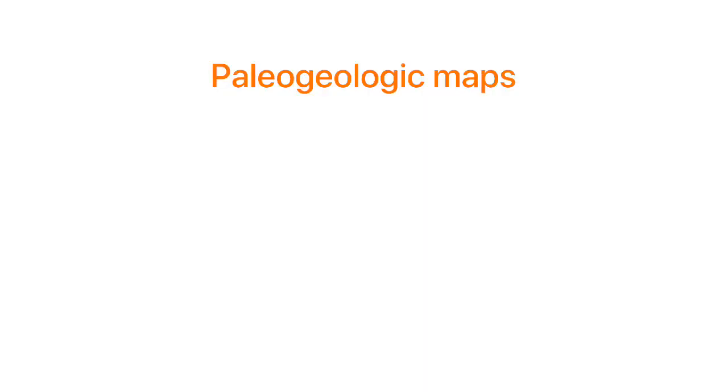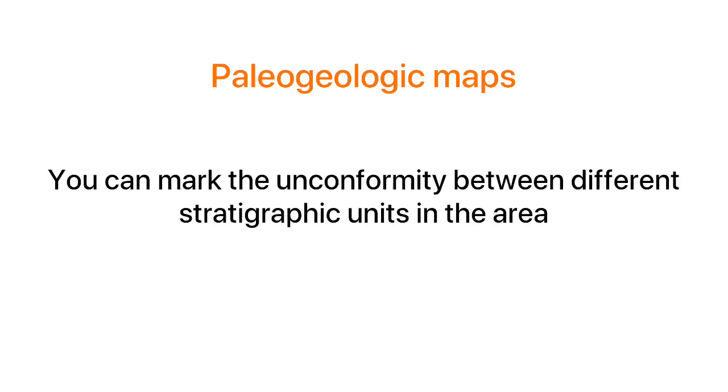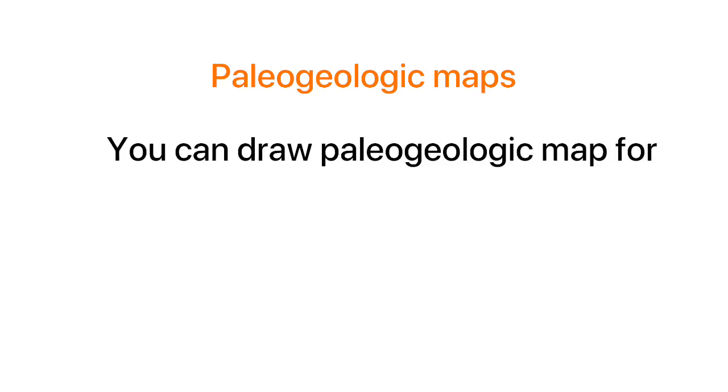Another kind is the paleogeological map. If you study the structural contour maps and facies maps, you can mark the unconformity between different stratigraphic units in the area. You can draw what is called a paleogeological map for the Eocene, or a paleogeological map for the Miocene.